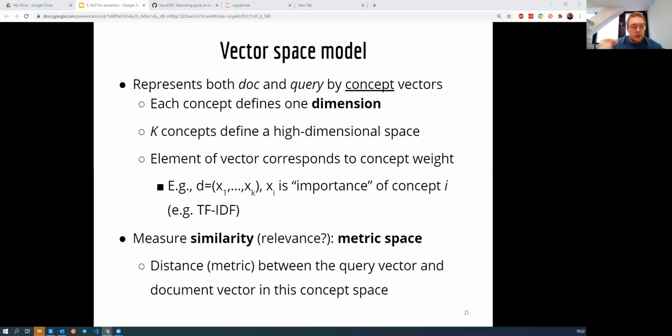Okay, so concept is a non-defined thing, but if we try to map the term document matrix to the vector space model, we observe that concepts now are words. This is the mapping for now. We will remove this mapping further, but for now, concepts are words. And if we follow this procedure, we have representation as vectors with concepts.